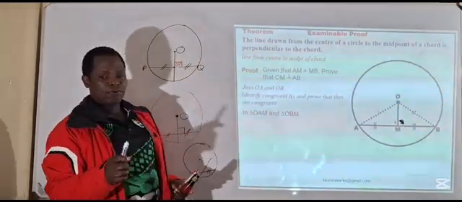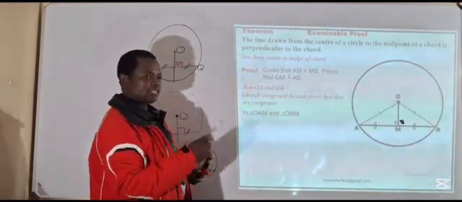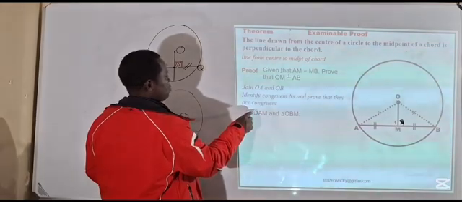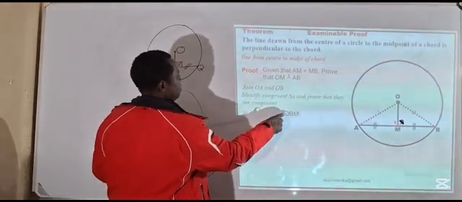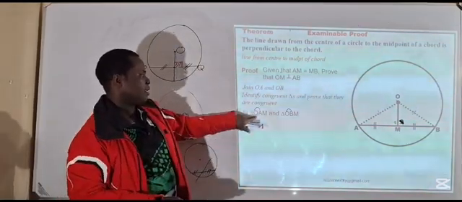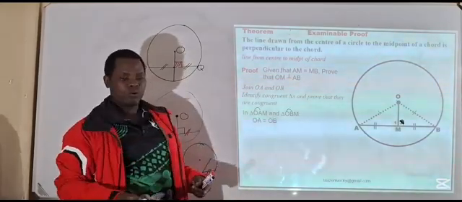How do I prove congruency? You compare the sides of the triangles, the first letter to the first letter, the second to the second. Line OA and line OB: are those 2 lines equal or not?